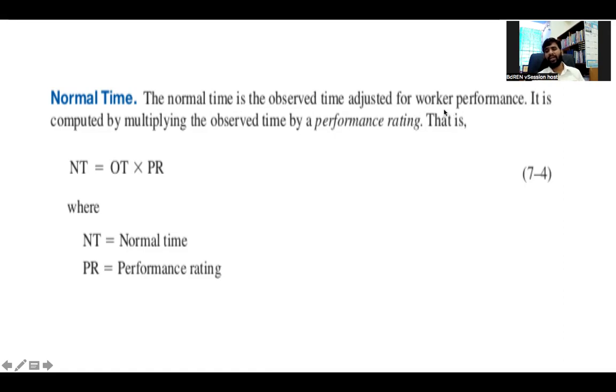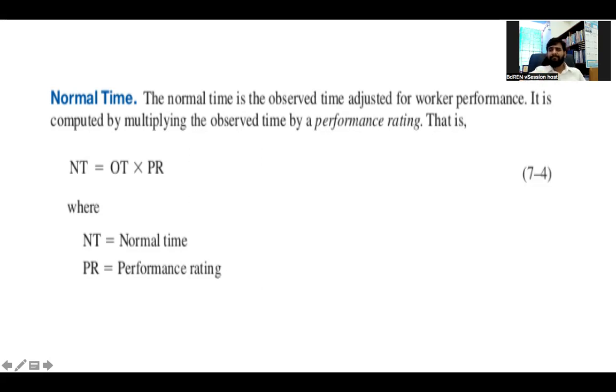If you are taking repeated time 50 times, you know that that guy is a 90% performer. His performance rating is 90%. So when you multiply observed time by the performance rating, then you will get the normal time. Are you getting what is normal time?